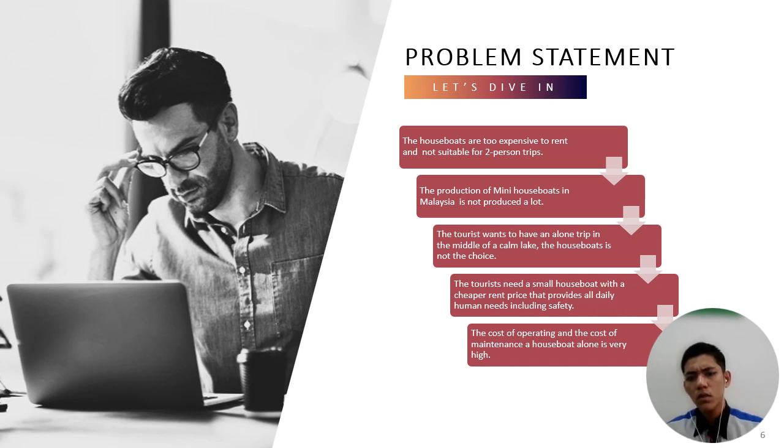After that, tourists who want to have a long trip in the middle of a calm lake find the houseboat is not the choice. After that, the tourists need a small houseboat with a cheaper price that provides all the elements needed, including safety. The cost of operating and the cost of maintaining a houseboat alone is very high.